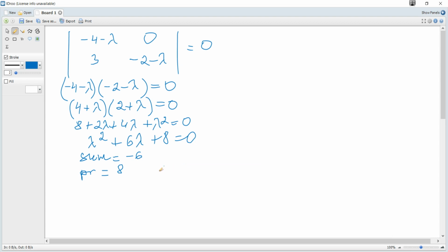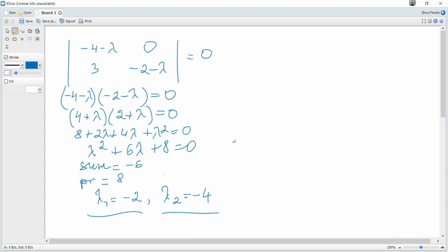So what? 2 and 4, or negative 2 and negative 4. Yes, it's correct. So lambda 1 is negative 2 and lambda 2 is negative 4. You can see the product is 8 as required, the sum is negative 6 as required, and these are our required eigenvalues.